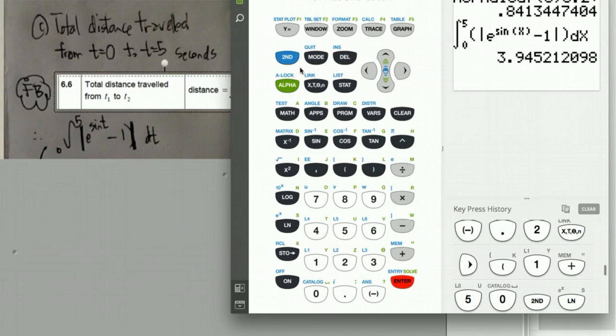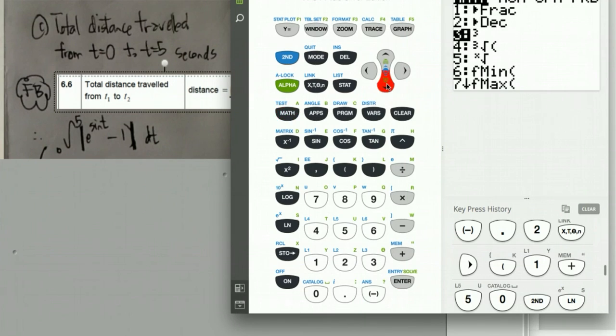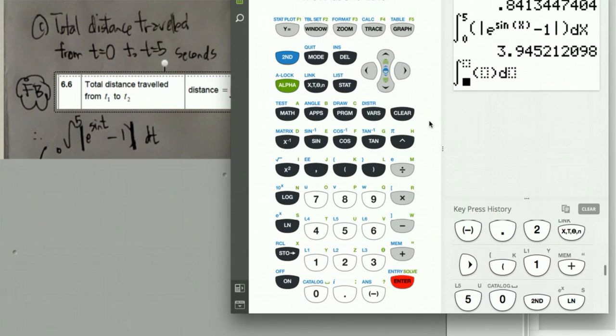Just an aside, if you're interested in a little GDC background, where do you find the integral? That's under the math menu. Scroll down below the more frequently used functions until you get to the function integration, and you get the blueprint for what I entered in advance.